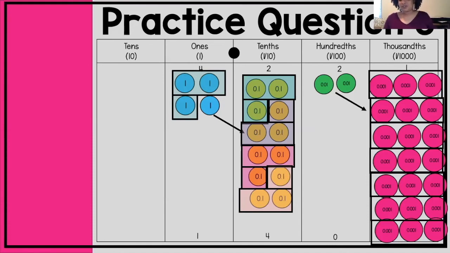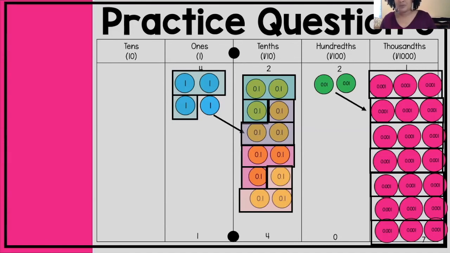And I don't know if you're going to see this little number because of all those thousands there, but I have 1, 2, 3, 4, 5, 6, 7 groups of 3 in the thousandths place. Now, all I need to do is bring my decimal point down, and there is my quotient, 1 and 407 thousandths.